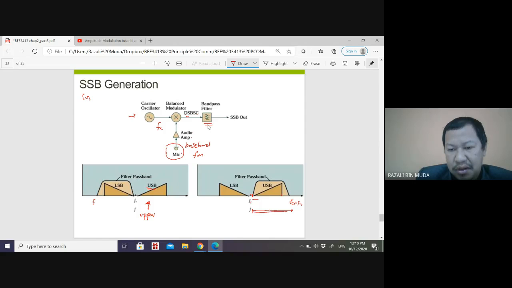So remove this part, and what is left is the lower sideband only. So for the single sideband signal, you may have upper sideband or lower sideband. If you have upper sideband, it means the band pass filter removed the lower sideband. And on the other hand, if you have the lower sideband, it means the band pass filter removed the upper sideband.